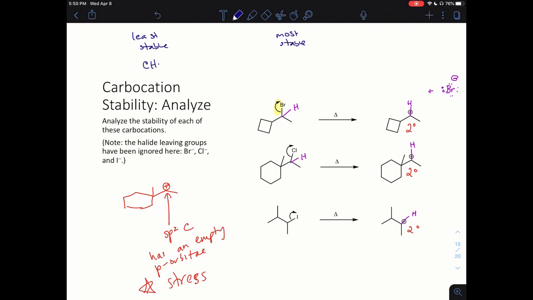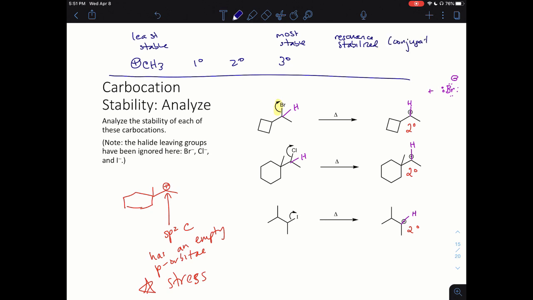The least stable is going to be methyl, then primary, then secondary, then tertiary, and even more stable than that would be resonance stabilized or delocalized charge, so conjugation. For example, the allyl cation, that you can draw resonance structures to describe. So we're at secondary, not the highest energy, not the lowest energy, but pretty high energy.